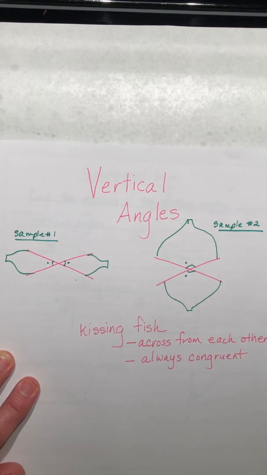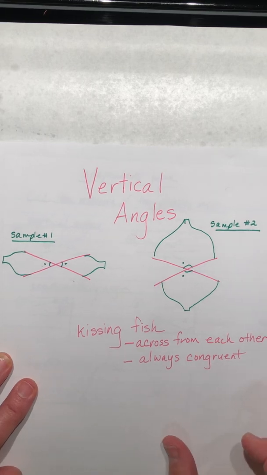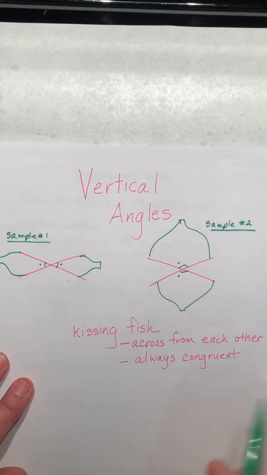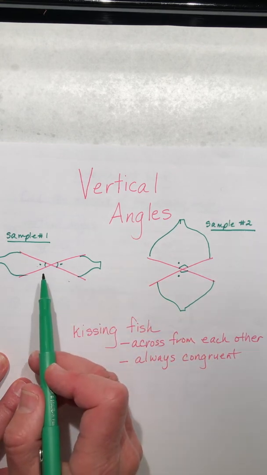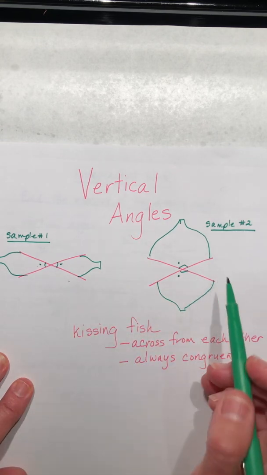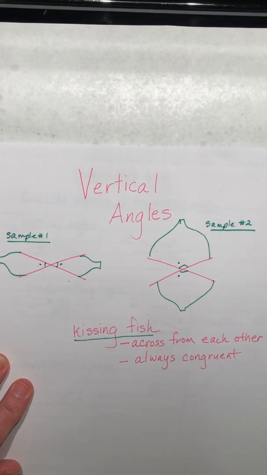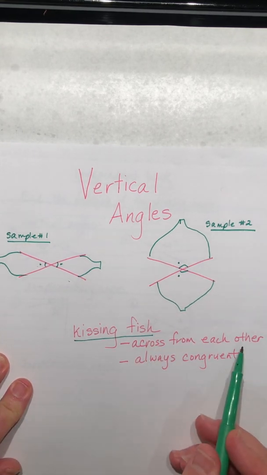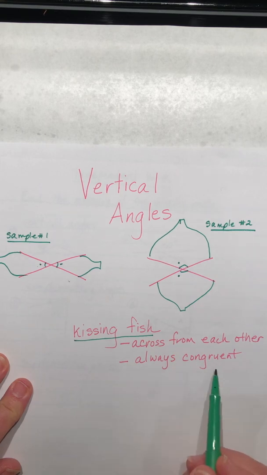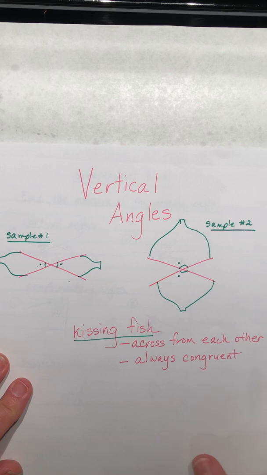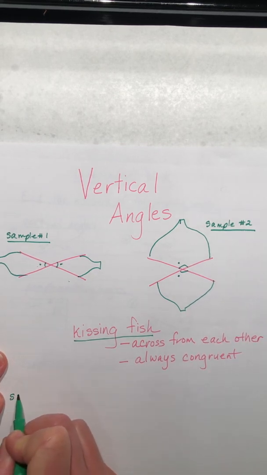And let's have you actually just copy down everything that I have on my paper right now. So you've got vertical angles, you've got these two samples. I'd like you to write down this kissing fish, write that they're always across from each other, and they're always congruent. So let's do sample number 3.